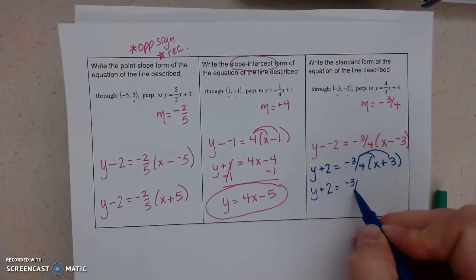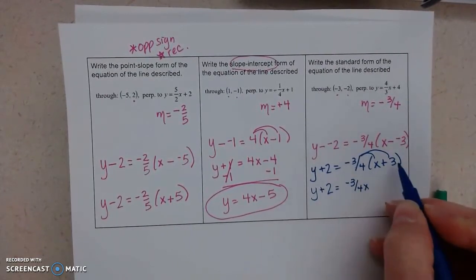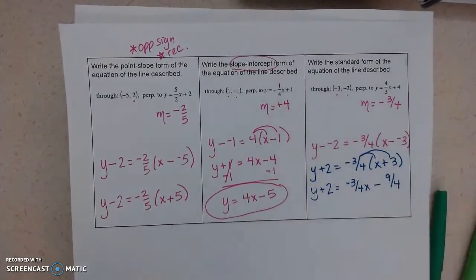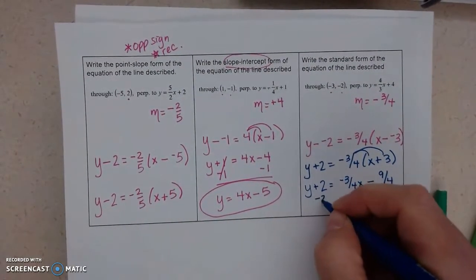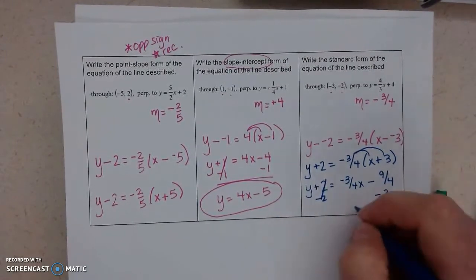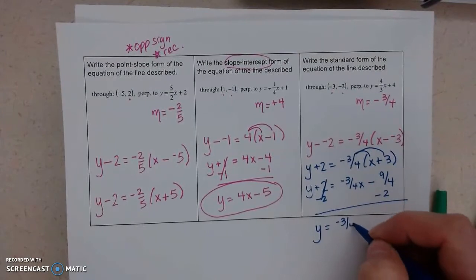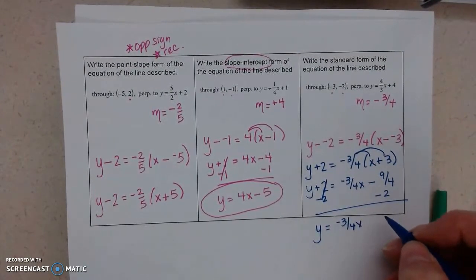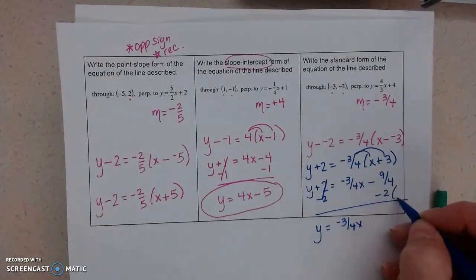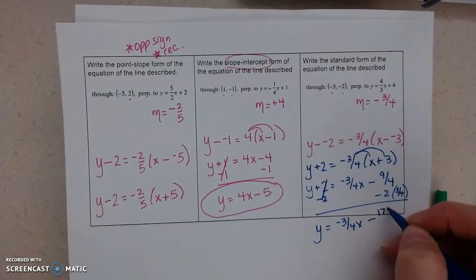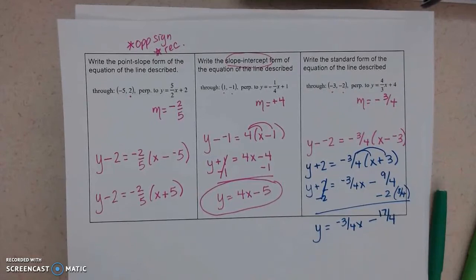So negative 3/4 x, negative 3/4 times 3 is 9/4. Subtract 2, so y equals negative 3/4 x. 2 is the same as 8/4 if you don't have a calculator, so minus 17/4.